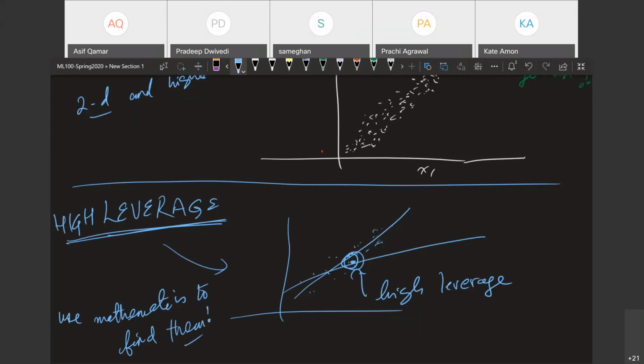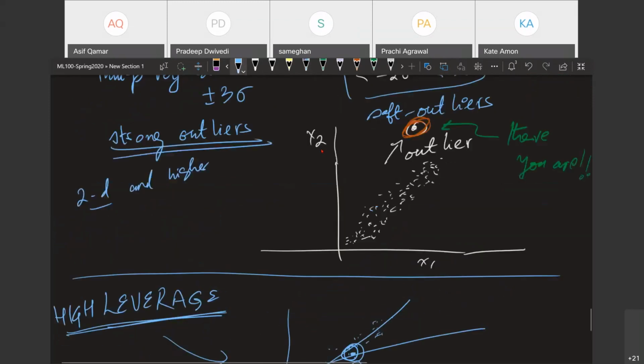Now, why do these things matter? The reason they matter is, look at this outlier. What is it doing? Without the outlier, your model would look like this, isn't it? This blue line is what your model would look like if this outlier was not there. But because this outlier is there, it is tilting the model towards itself. It's making the model go like this.